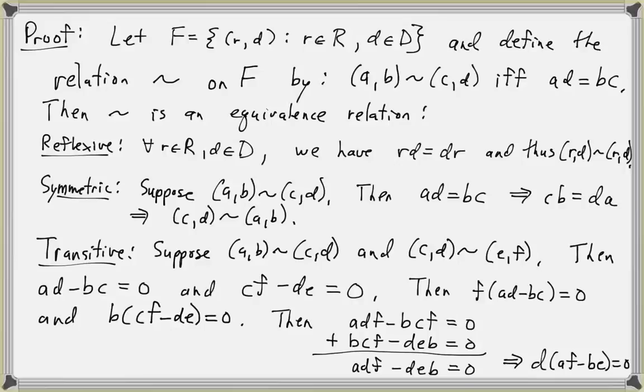But recall that little d is an element of the subset D, so therefore little d is not 0, and it's not a 0 divisor.